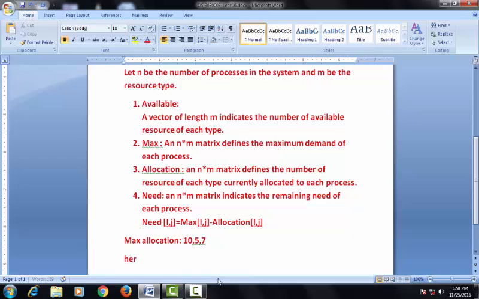Right, here 10 is of type 1 resource, 5 is of type 2 resource, and 7 is type 3 resource.